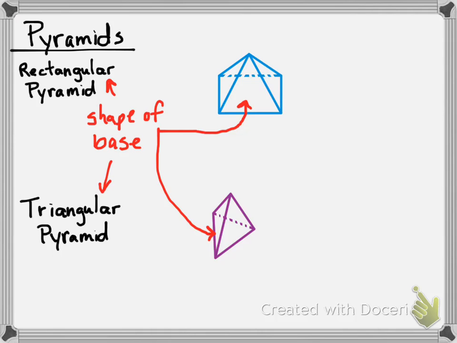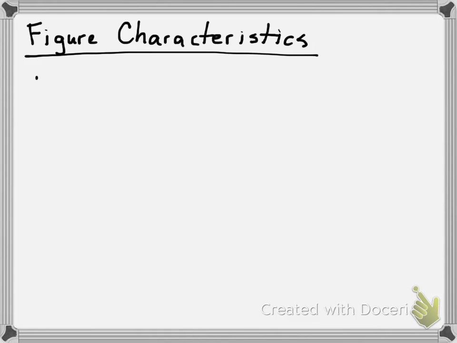Alright, now, earlier y'all looked up different things about these different shapes. Okay, and we call those things characteristics. So we're going to look at the characteristics of these different shapes. Okay, these words should be familiar. You tried to look them up online the other day.